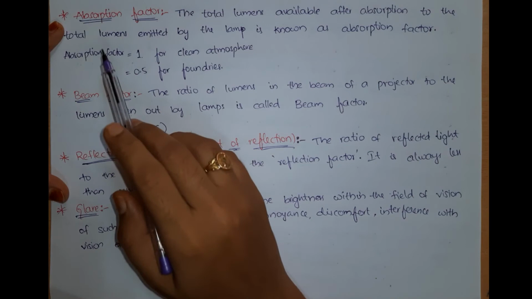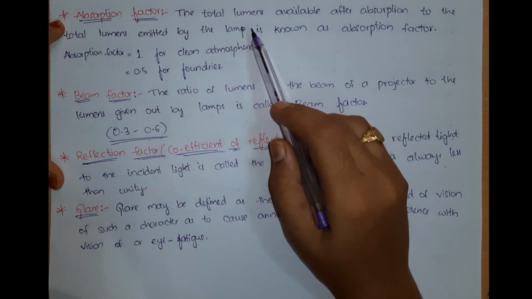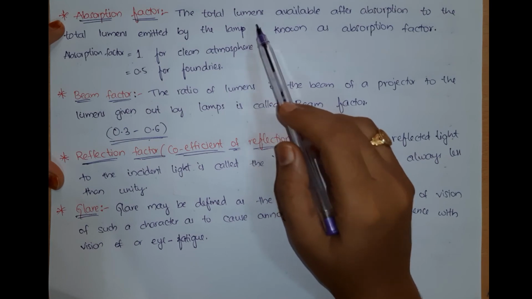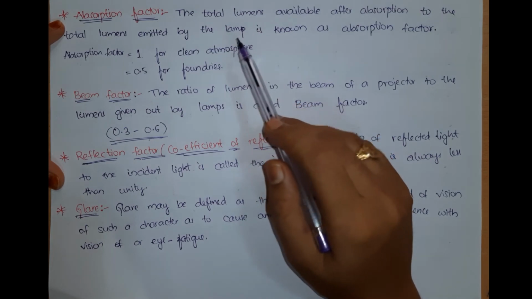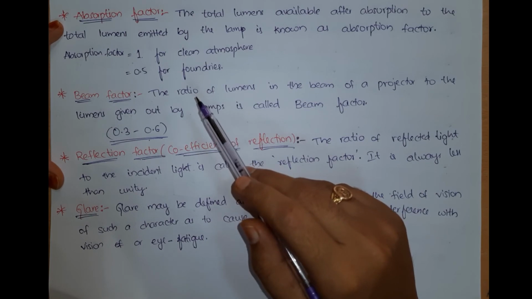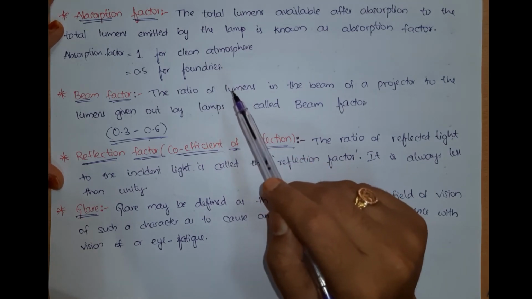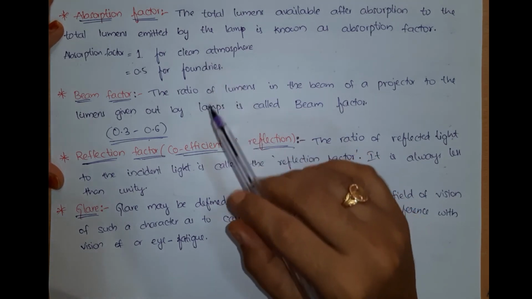Now let us see what is absorption factor. In some areas the atmosphere may be filled with smoke or fumes, in some industrial areas or in some factories. In such places there may be a possibility of absorption of light.